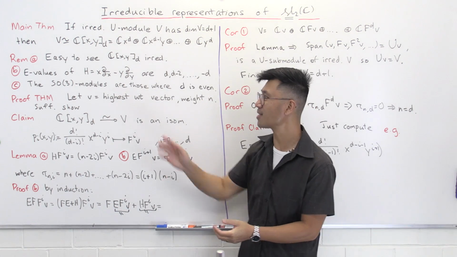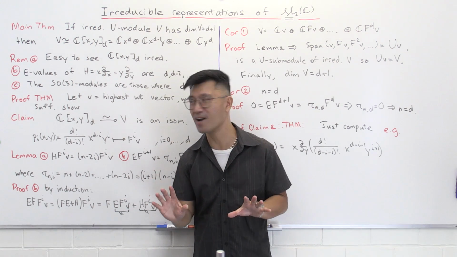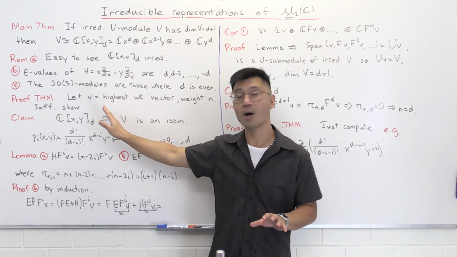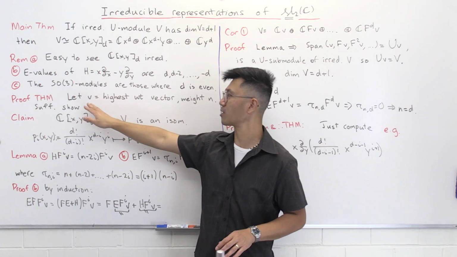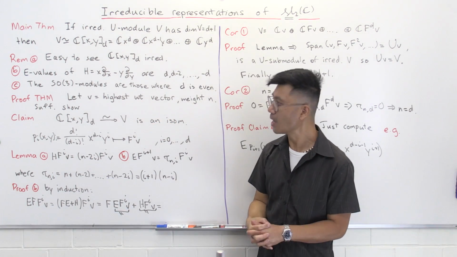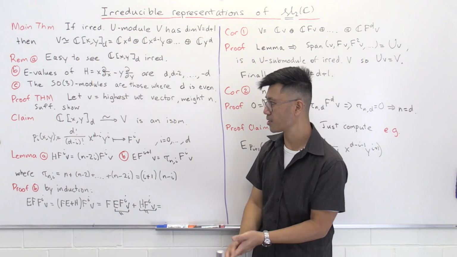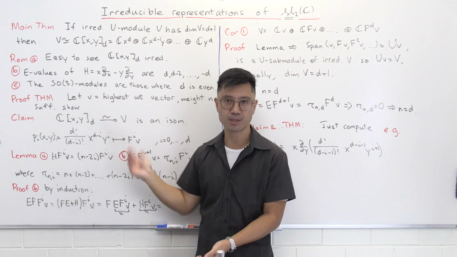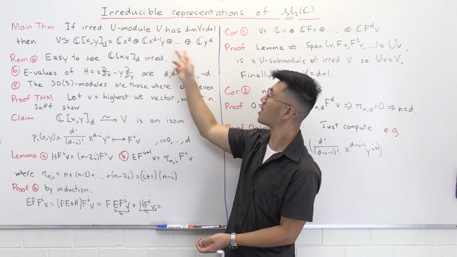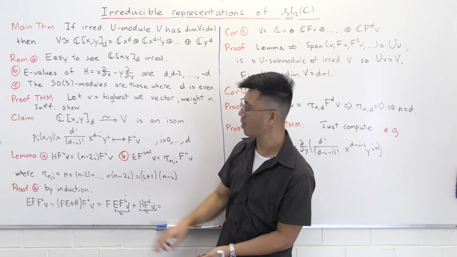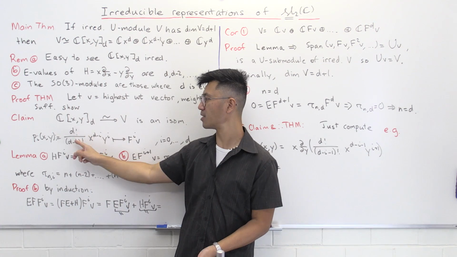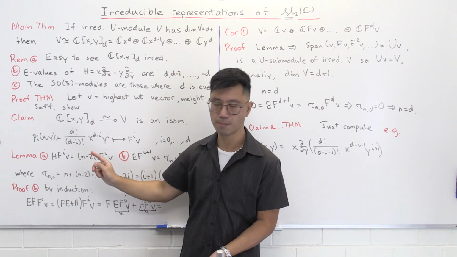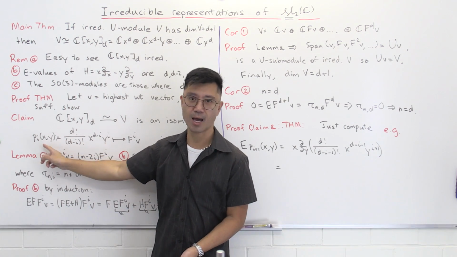Okay, so there are the remarks, and I want to give you a proof of this theorem, which is very nice. We're going to start, remember, there always exists a highest weight vector. So we're going to pick a highest weight vector v, and I need to exhibit this isomorphism. I claim that the isomorphism comes as follows. We're going to pick essentially these monomials, but we'll scale them by this factor, d factorial over (d minus i) factorial, and we'll call that phi_i.